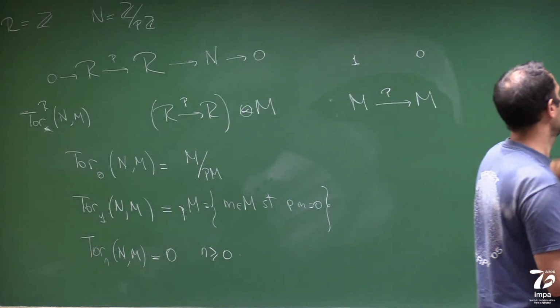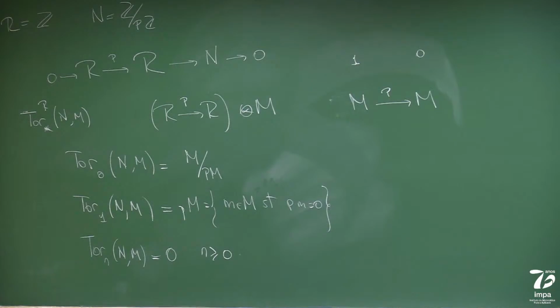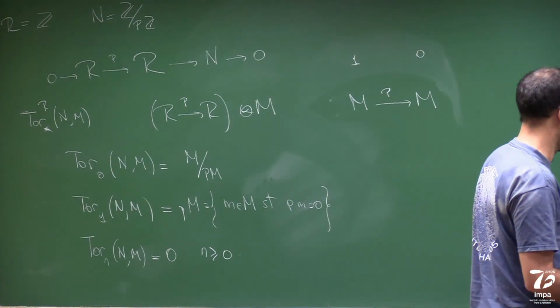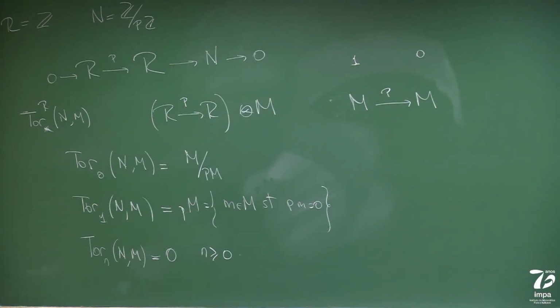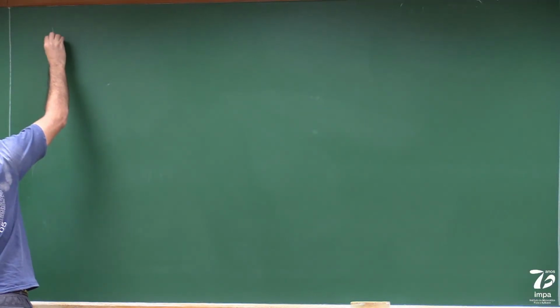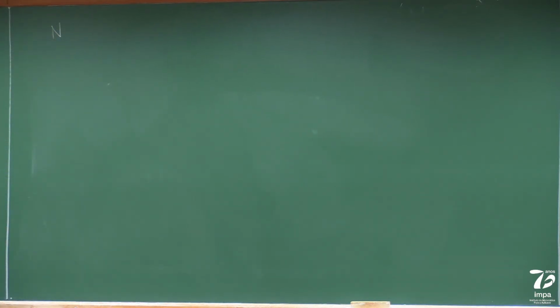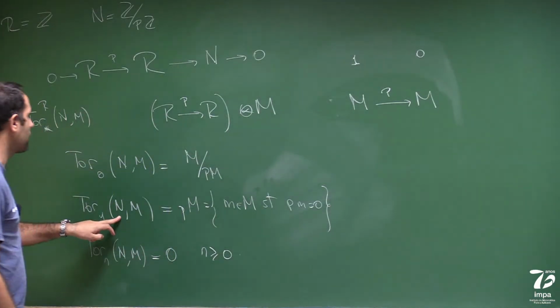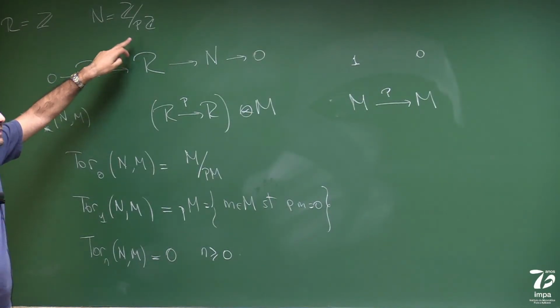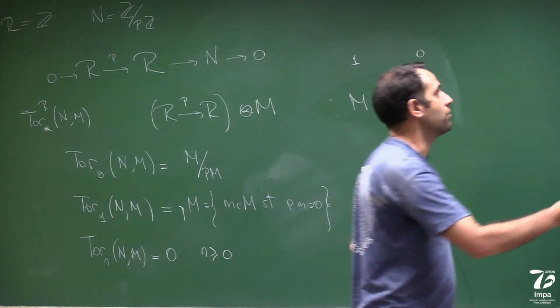More generally, we spent a great deal of time in our last lecture to prove that homology in some circumstances commutes with arbitrary filtered colimits, which was this case. So let's say that N, instead of being this Z mod PZ, is a finitely generated abelian group.